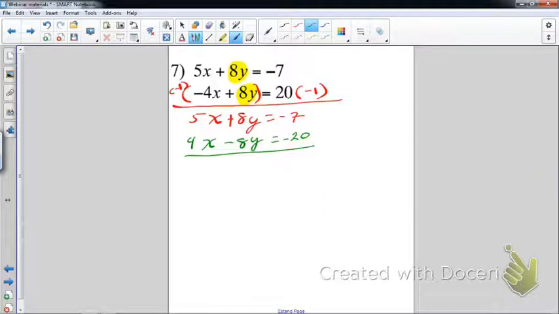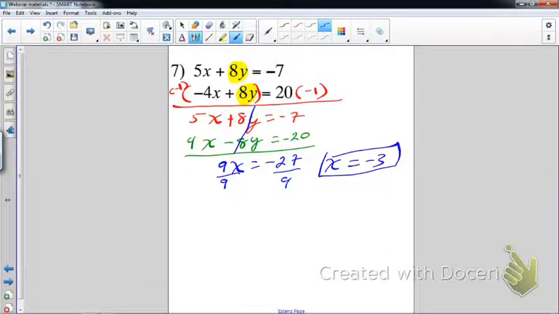And this is what we wanted. We are able now to eliminate the y variable. And now what I have is 9x that is equal to negative 27. So now I use the division property of equality, and I divide both sides by 9, and I end up with x that is equal to negative 3.